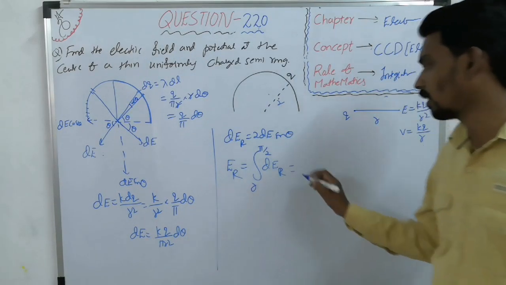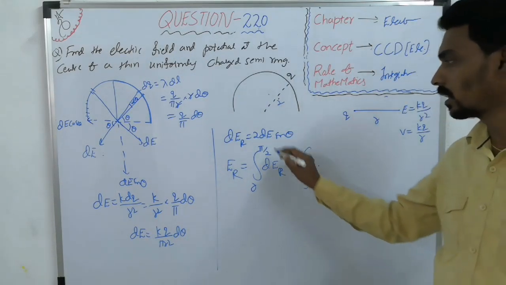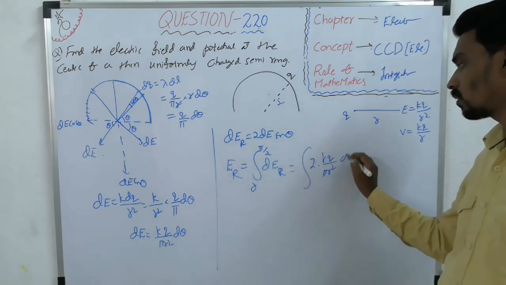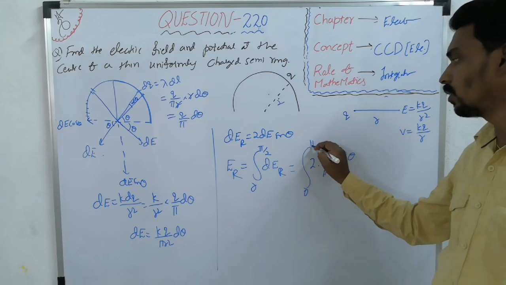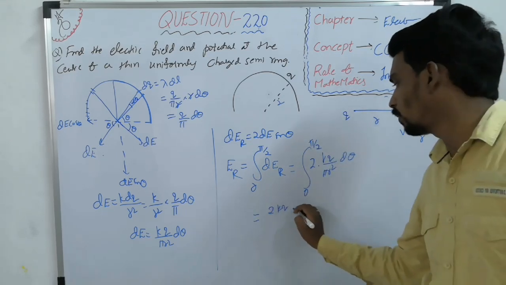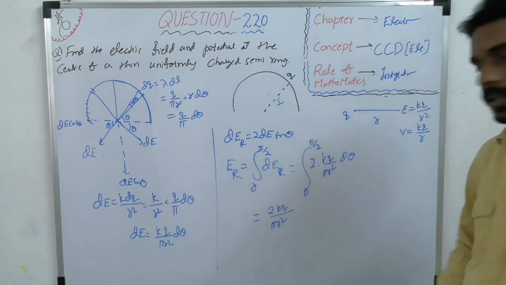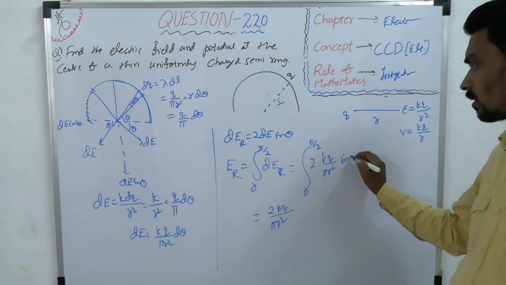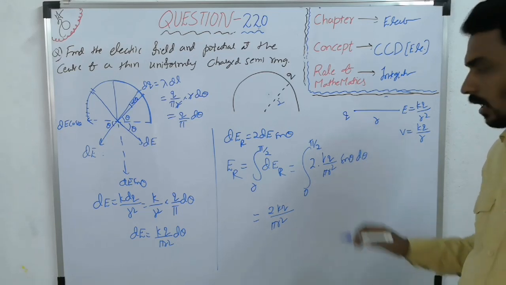Now substitute the value. Integration dE is 2, dE is kq by pi r square d theta, 0 to pi by 2. Now 2 kq by pi r square is common. Now here sin theta d theta.